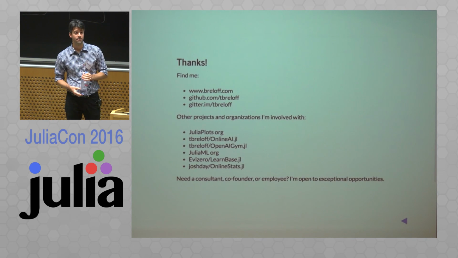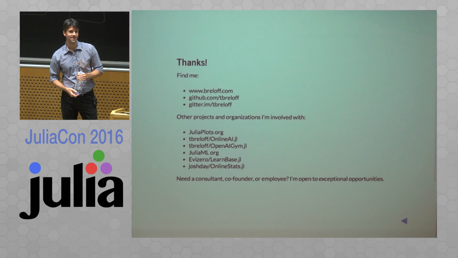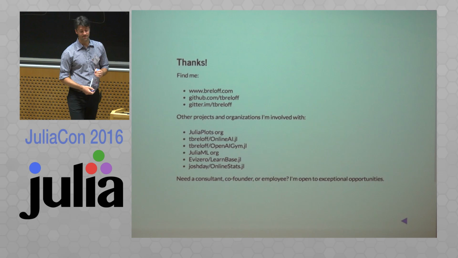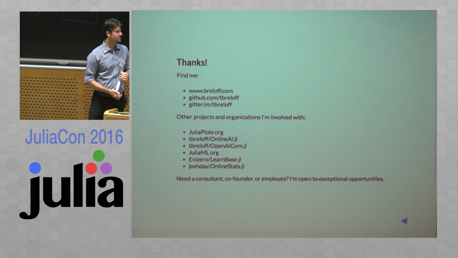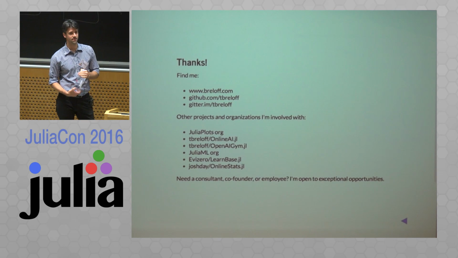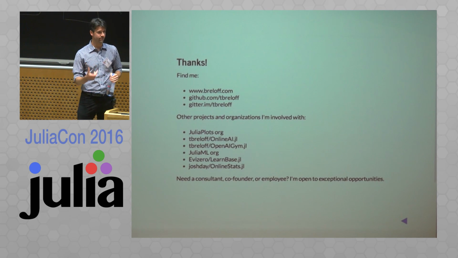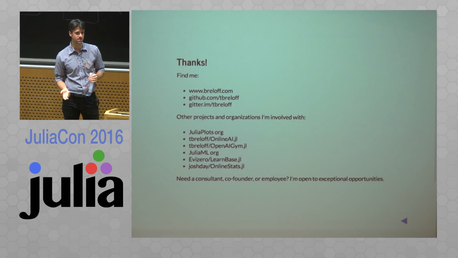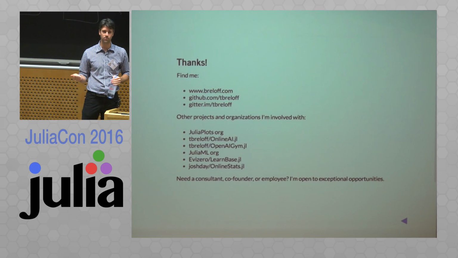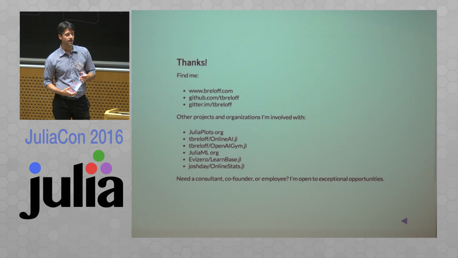Go ahead. How do you test this? Good question. I would say this is probably better tested than most libraries out there. I have a package called VisualRegressionTests that uses an algorithm that Tim Holy helped me with.